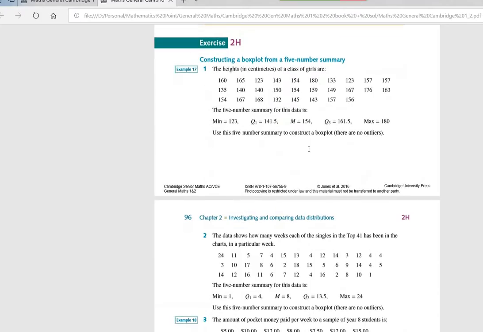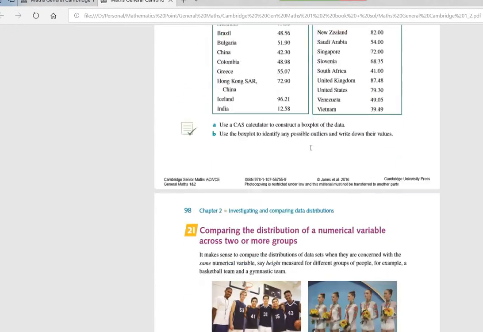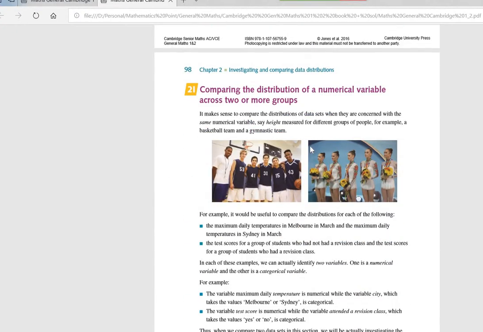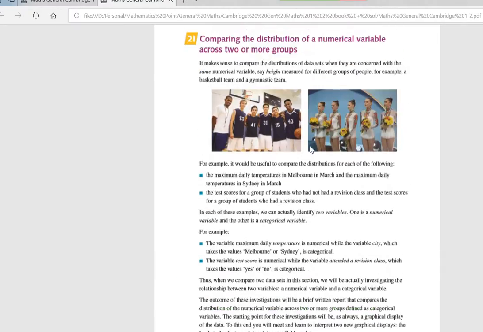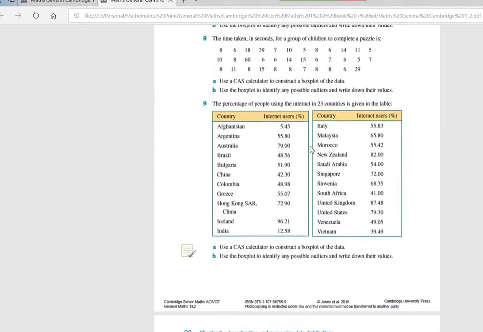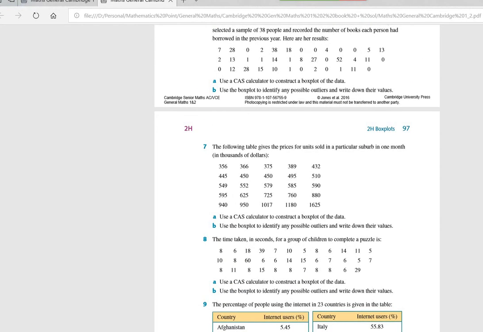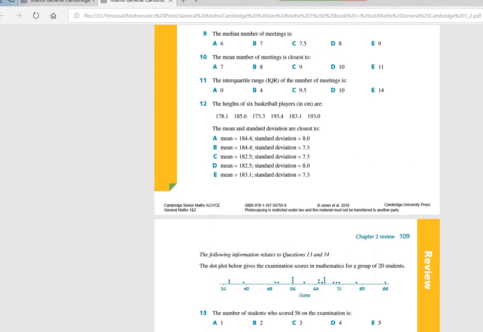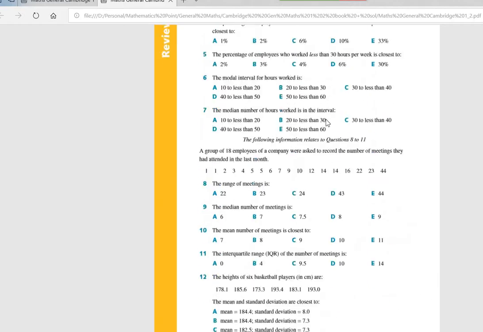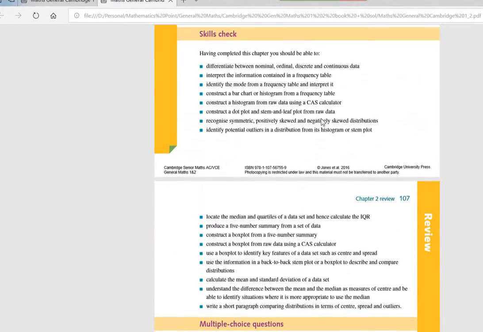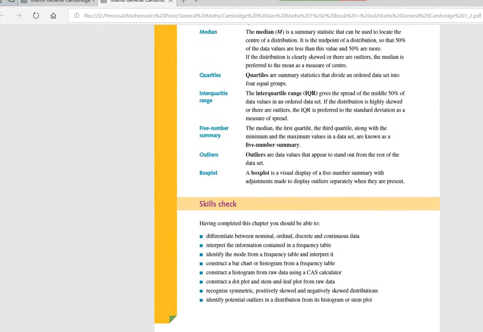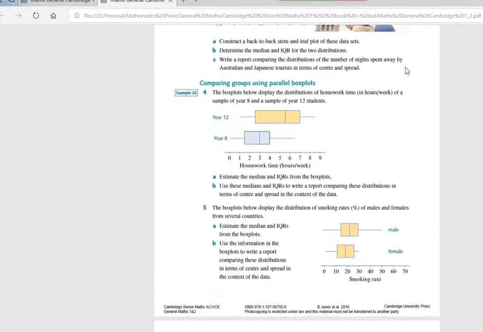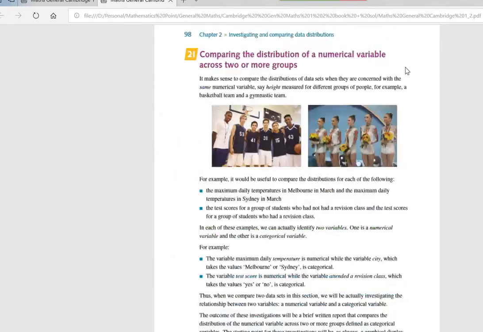Alright, box plots. Can we also do box plot? Do you want me to do box plots? Yeah, after standard deviation. Alright, standard deviation.